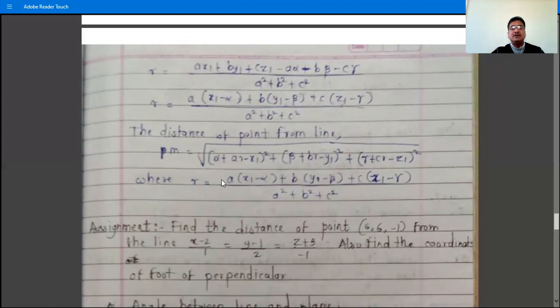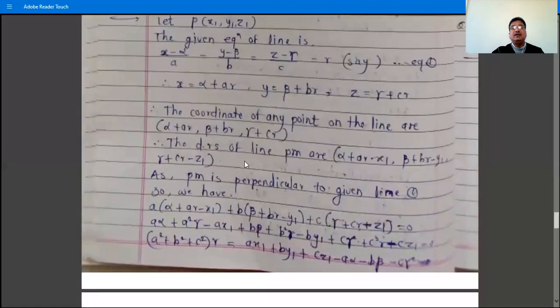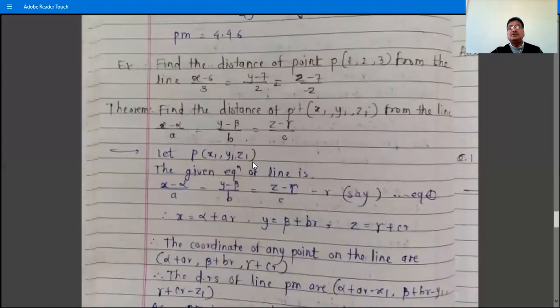So this is the distance of the point from the line. This is the theory of the distance of a general point from a line.